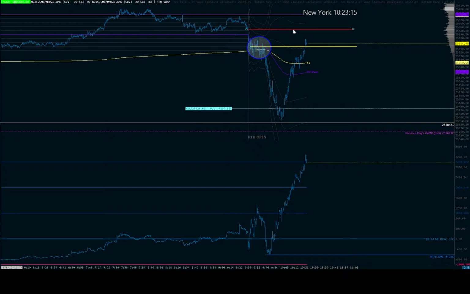So, are there some stops here? Yeah, there's some stops here, but that doesn't mean they're going to run those stops and then this thing's going to sell off the rest of the day. People talk about price like that, and you just don't know. That's why it's so important to look at the order book and see what the actual order flow is telling you, so that you don't get manipulated.